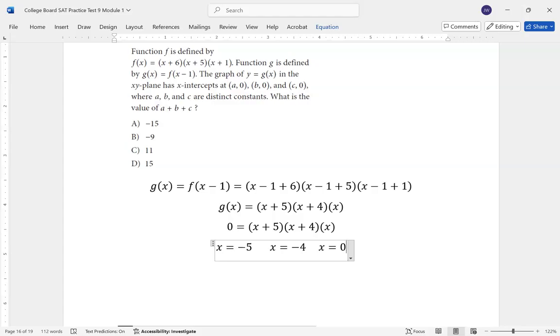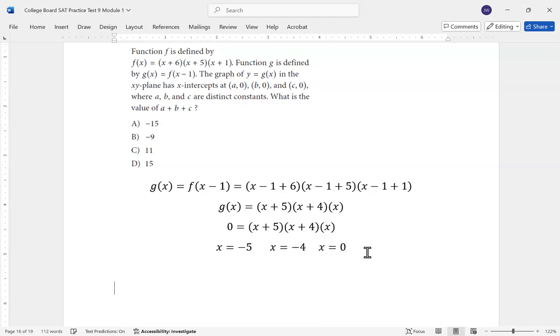So I have 3 options. And these are going to be the a, the b, and the c of my x-intercepts. We're going to have 3 x-intercepts. They're going to be (negative 5, 0), (negative 4, 0), and (0, 0).